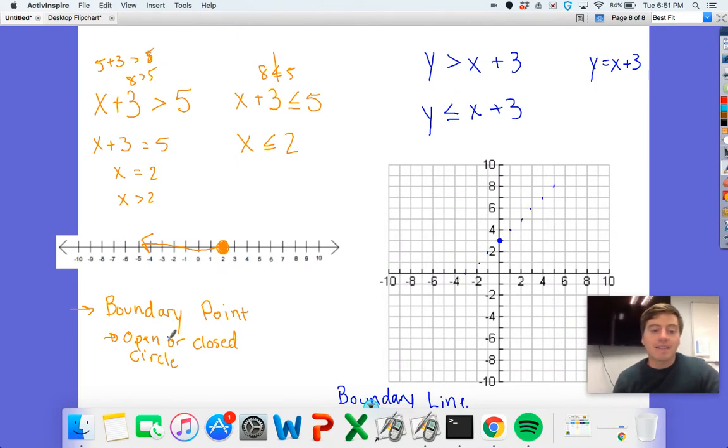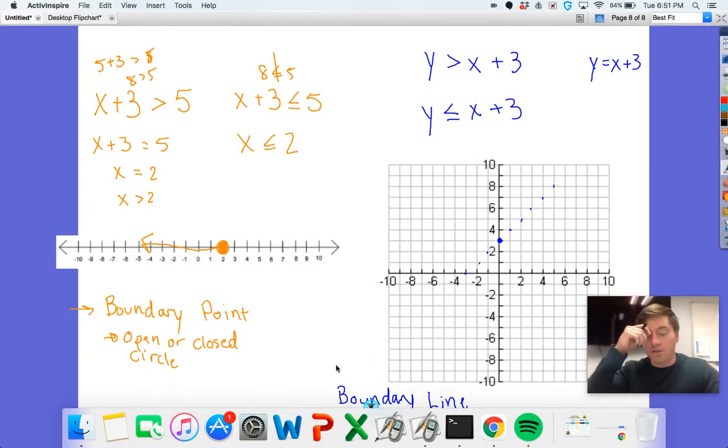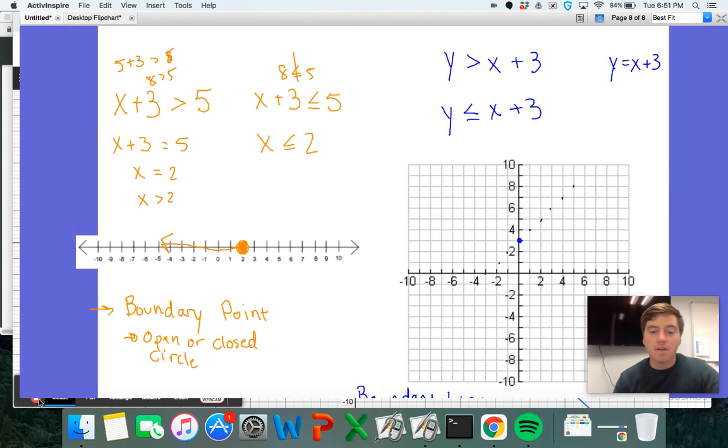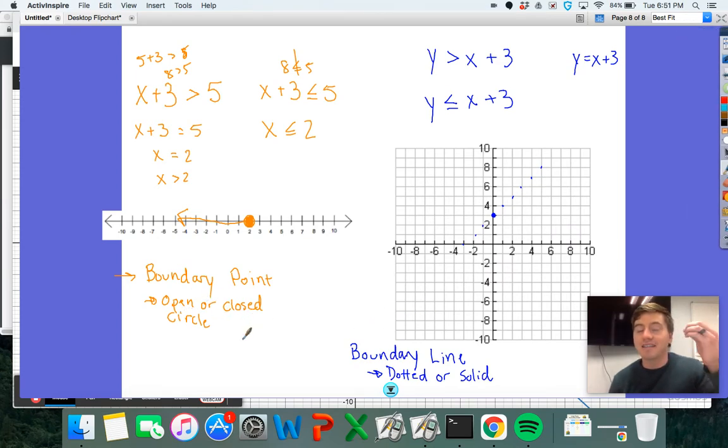Well, there's a small difference here. Over here, we had to say, is this an open or a closed circle? Here, we have to ask ourselves, is this a solid or dotted line? And we ask that the same way: open or closed circle, solid or dotted line. Is it allowed to be equal to?